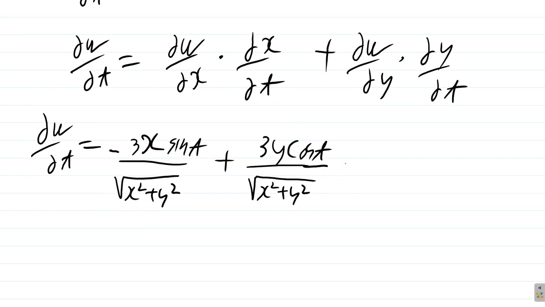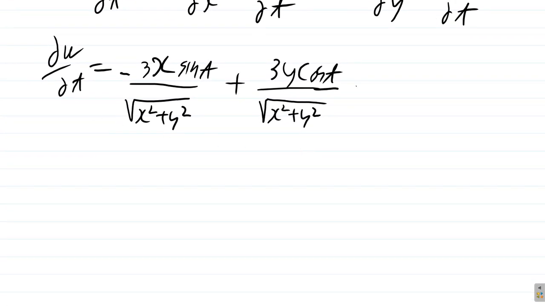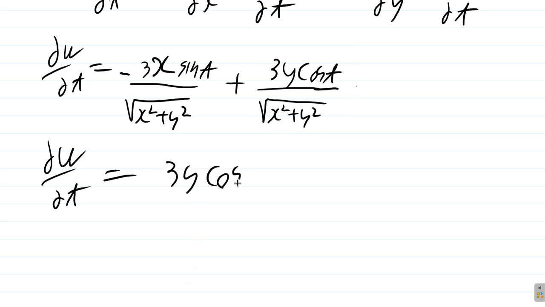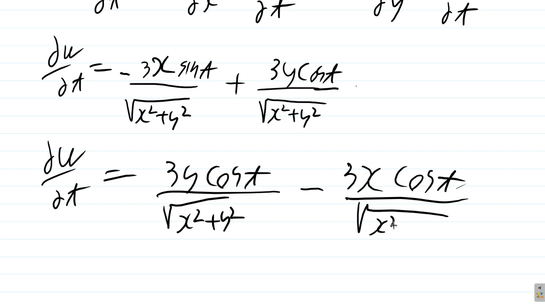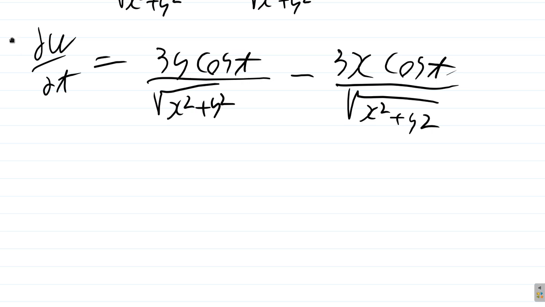Now, of course, you can do two things here now. For partial w by partial t, what you can do, put this first because it's positive. 3y cos t over the square root of x squared plus y squared minus 3x sine t over the square root of x squared plus y squared. What you could do now, you could make this a little more compact.